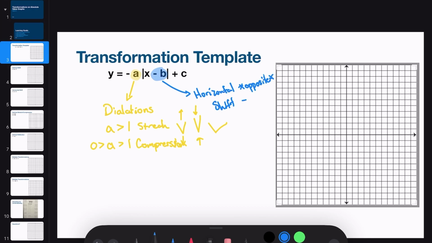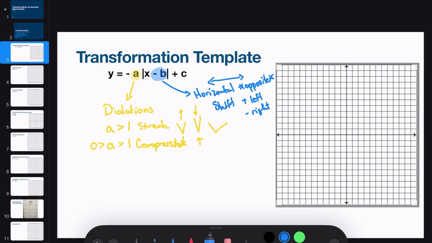So if it's positive, we're going to be shifting it to the left. And if it's negative, it's going to be shifted to the right. I know positive should be to the right and negative should be to the left, but because this is an inside transformation, it's going to be opposite. So this B value, we're going to be moving it left and right.